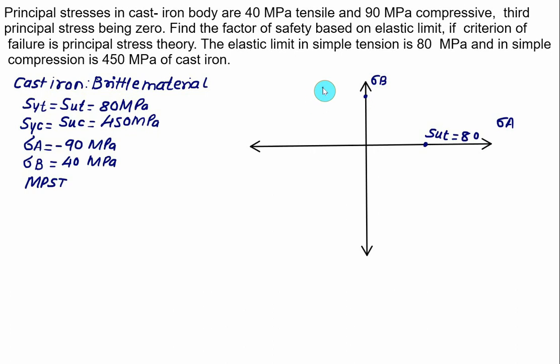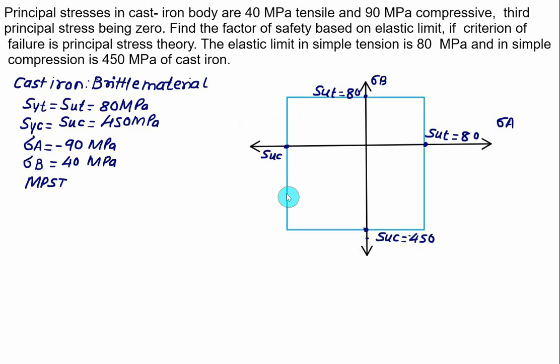Then SUC you have to mark on the negative sigma A axis, that will be equal to 450. So we have SUC equal to minus 450, and you have to take this value as a negative value.